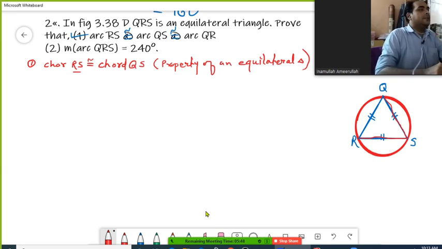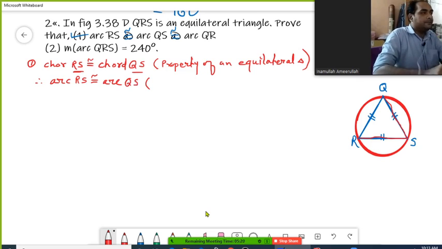If these two chords are equal, then their intercepted arc will also be equal. So this RS inscribing the arc RS will also be congruent with arc QS.